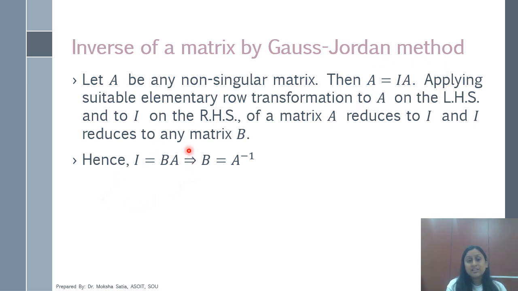Now using I equals BA, making B the subject, we have B equals A inverse. That's why in this Gauss-Jordan method, if we apply elementary row transformations to A equals IA, converting A into I, I will become another matrix, and that matrix B is nothing but our A inverse.